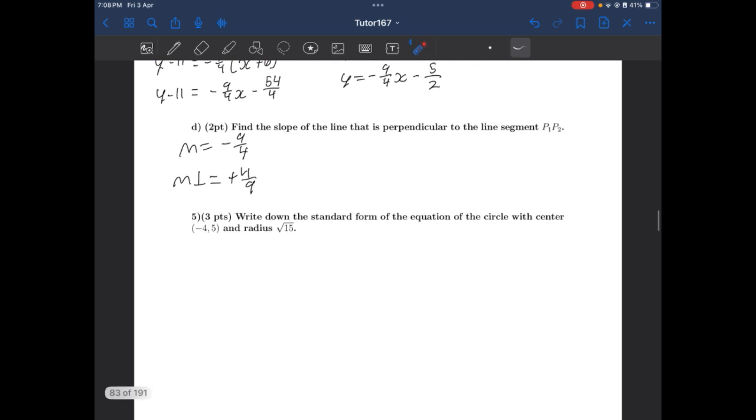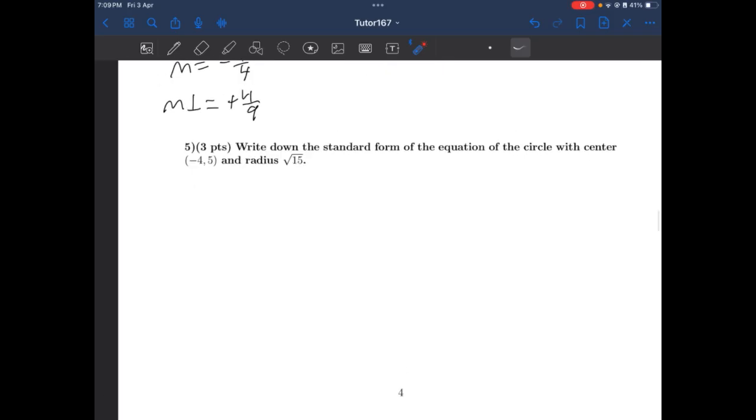Okay. So now, write down the standard form of the equation of the circle with center and radius. Okay, so the formula for the equation of a circle is (x minus h) squared plus (y minus k) squared is equal to r squared, right?